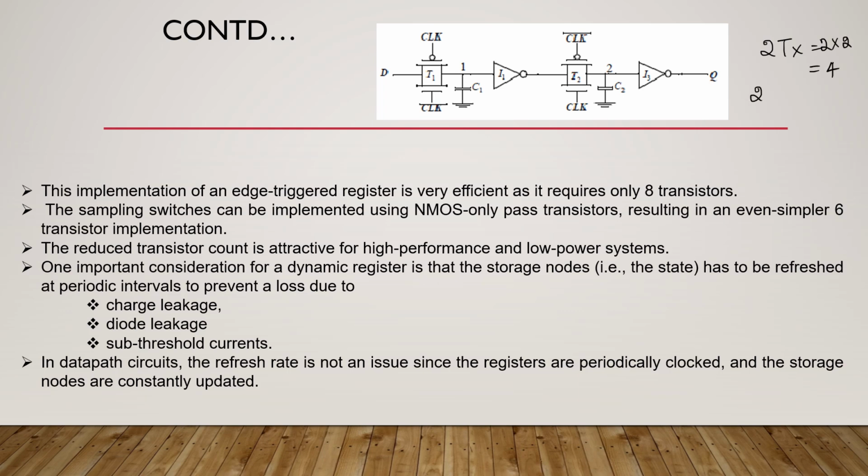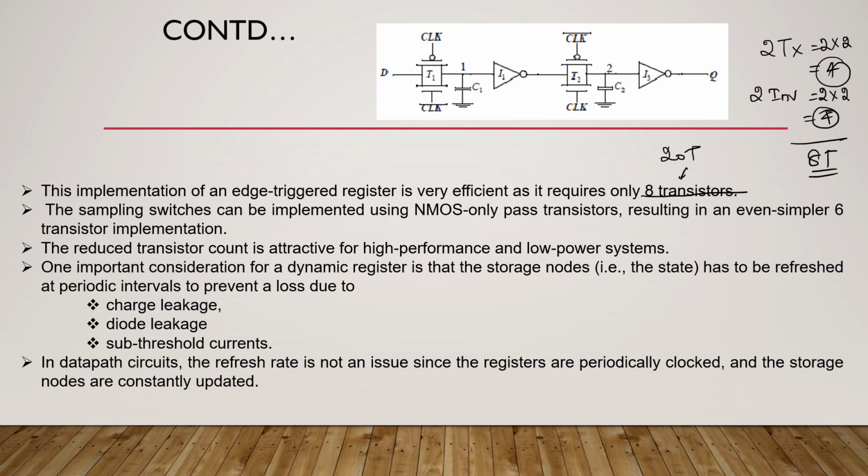Similarly, we are using two inverters, and each inverter requires two transistors, totally four here also. So 4 plus 4, it requires 8 transistors to design this dynamic register. When compared to static, which requires 20 transistors, here it requires only 8 transistors. That's why I told you at the start of the class, it is less complex when compared to static, right?